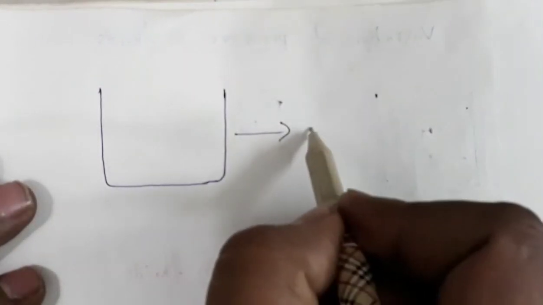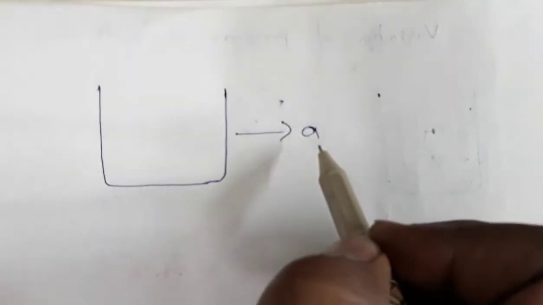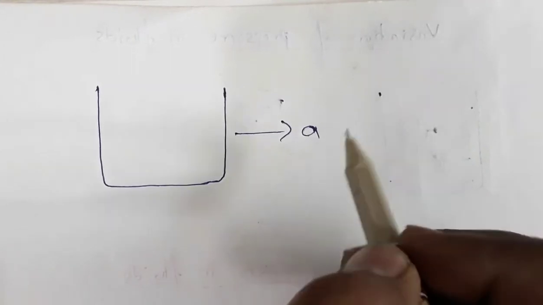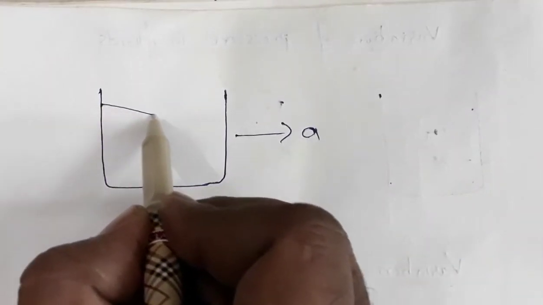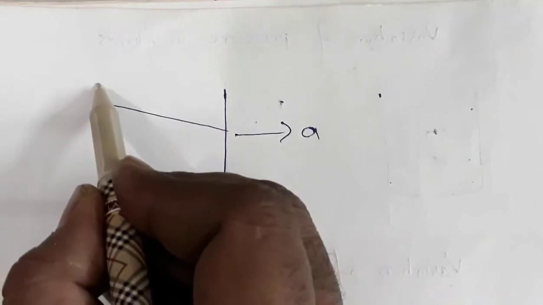Now let us see one more case. Suppose this vessel containing the liquid is accelerating in this direction with acceleration a, and this is the top surface of the fluid.